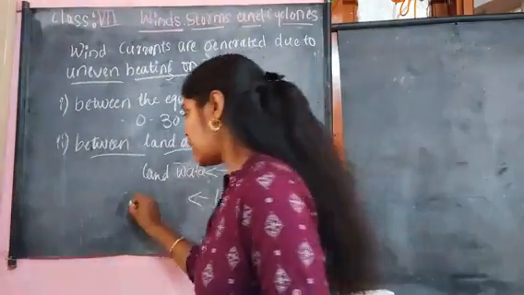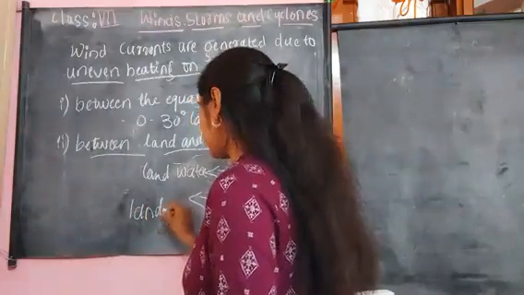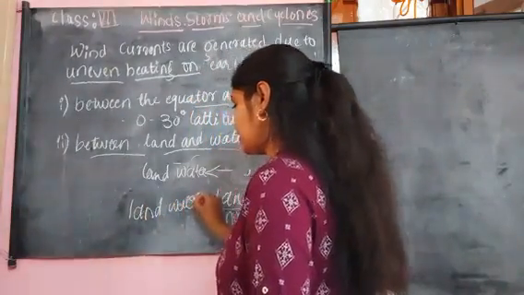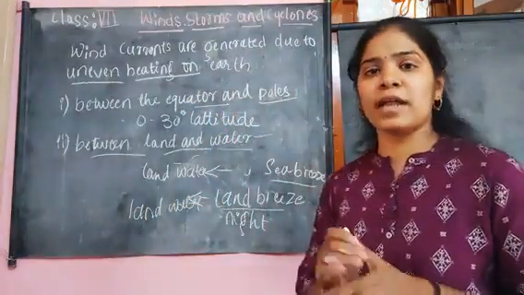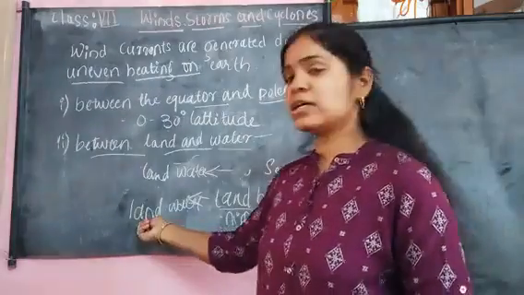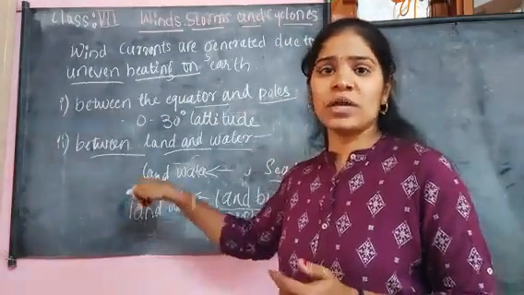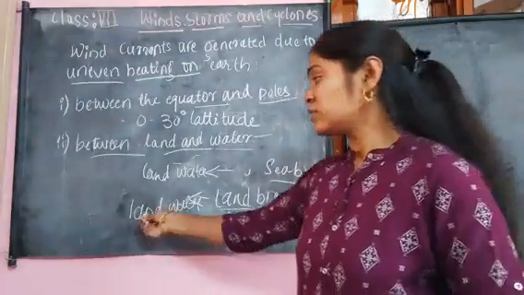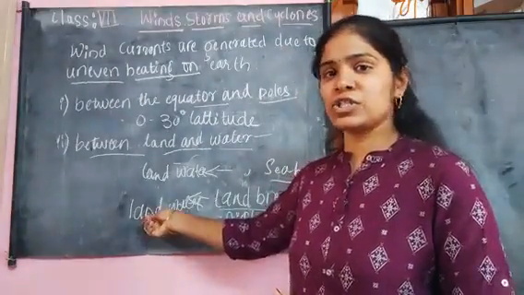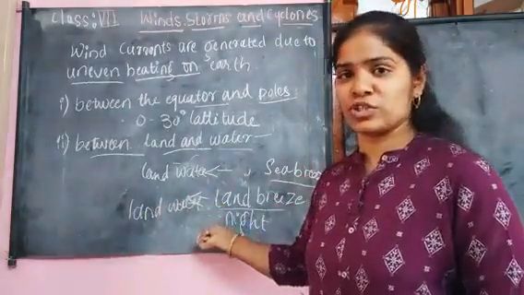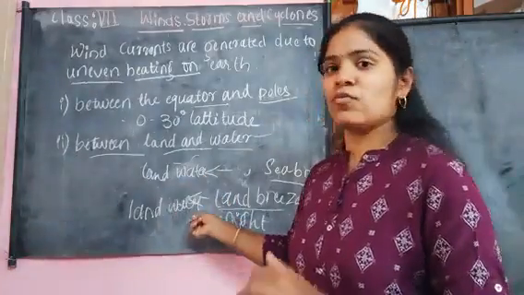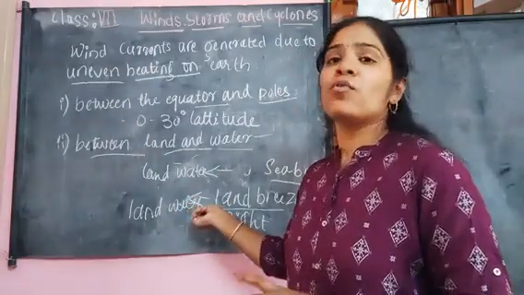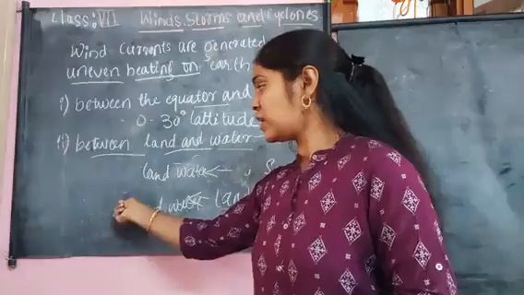So during the night time, okay, land and the water. During the night time, what happens? The temperature at the land decreases very fast compared to the water. So in this case, the colder air in the land region starts to move towards the water region, and the warmer air starts to move towards the land region.